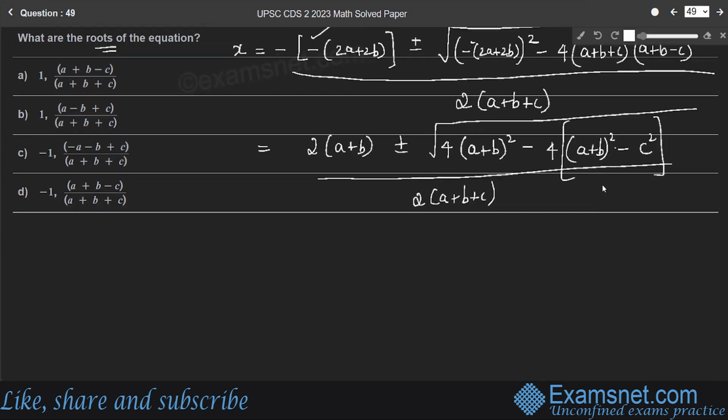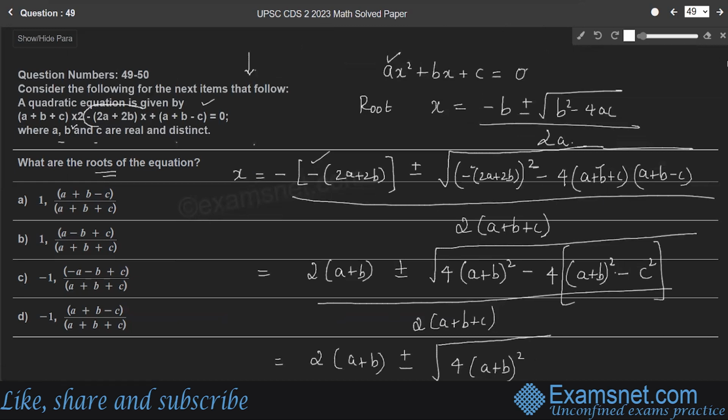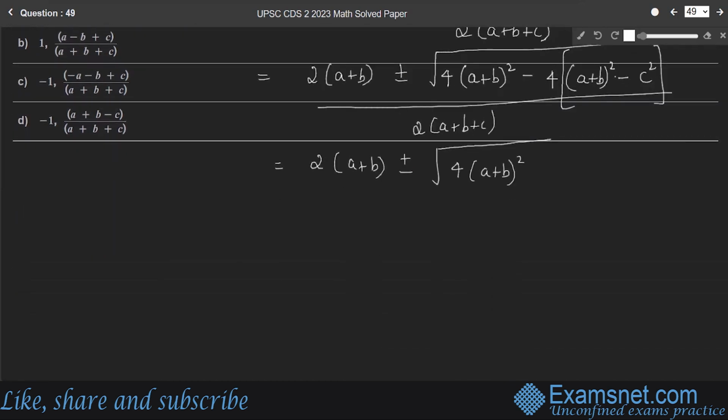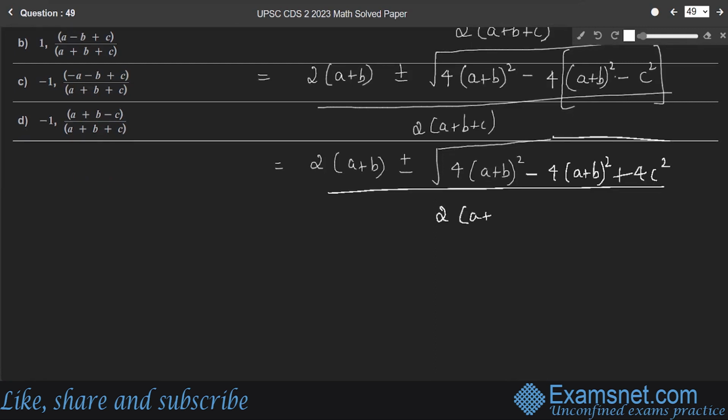Now, 2 times a plus b plus or minus square root of 4 times a plus b the whole square minus 4 times a plus b the whole square plus 4c square, whole divided by 2 times a plus b plus c.